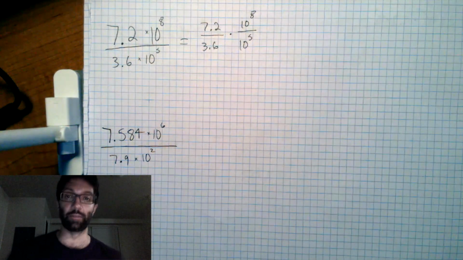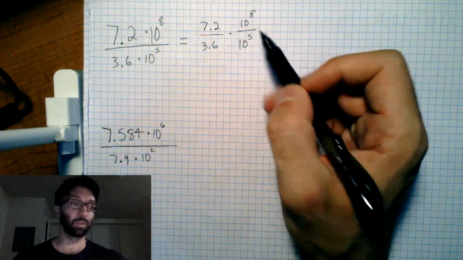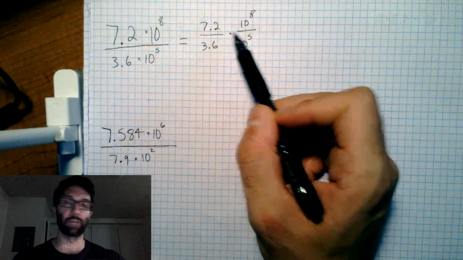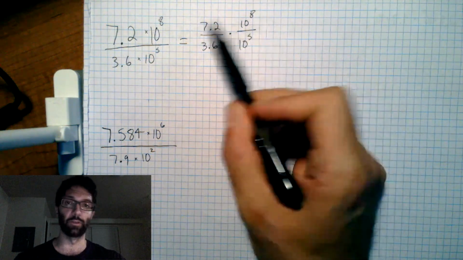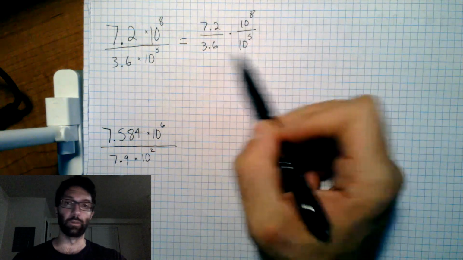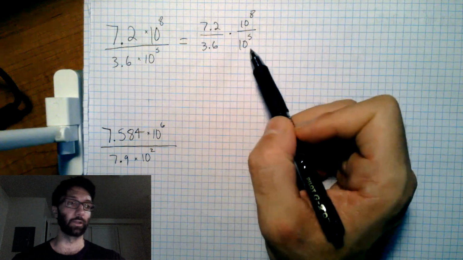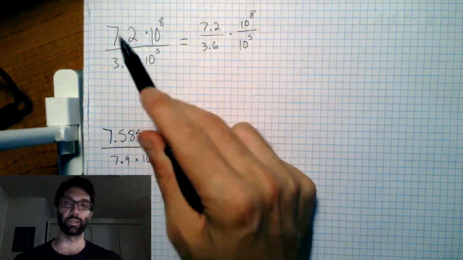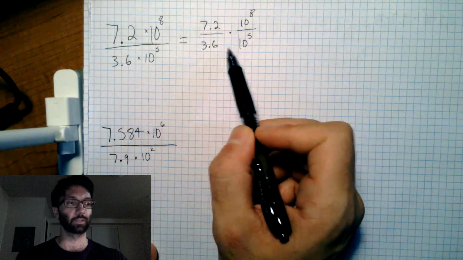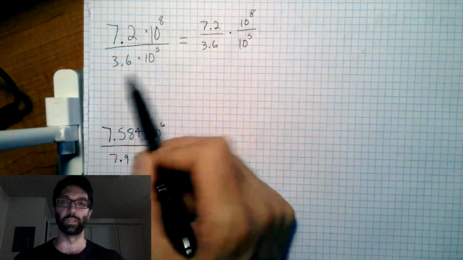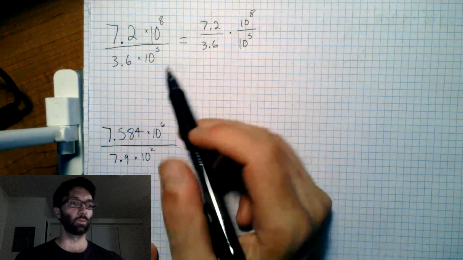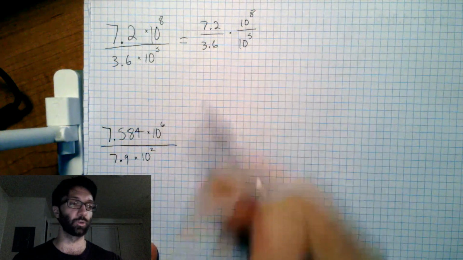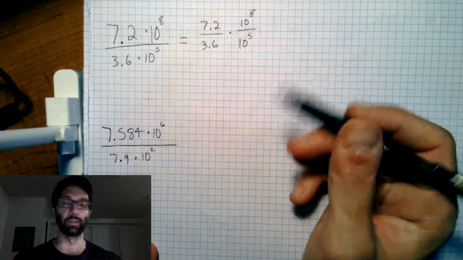And the reason we're allowed to do this is because this is how multiplying fractions works, right? When we have a fraction multiplied by another fraction, we just multiply the numerators together, and then we multiply the denominators together, right? And so the 7.2 times the 10 to the 8th becomes this, and the 3.6 times 10 to the 5th becomes the denominator. So we can split this into this, and this allows us to treat these independently.